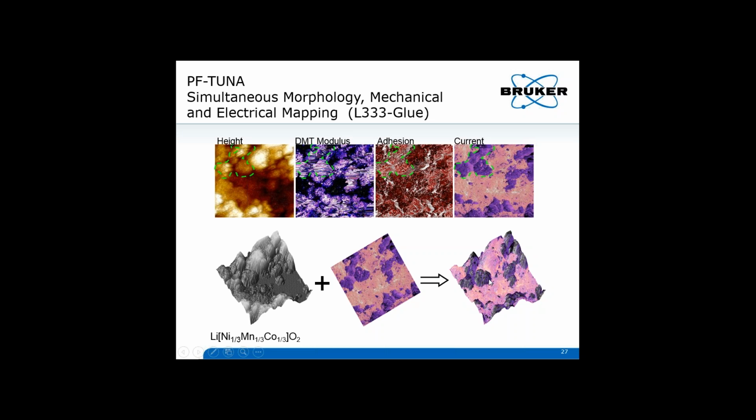From here, we can see this area is not covered by the conductive polymer. So this is the dead mass in the lithium-ion battery cathode. This will give some information to improve the fabrication process of the cathode material.